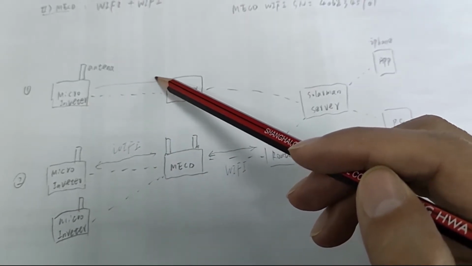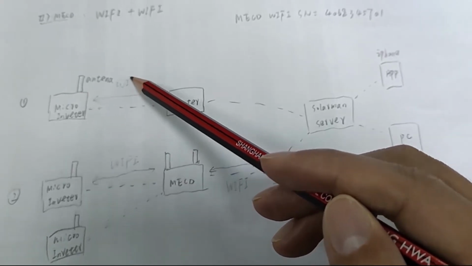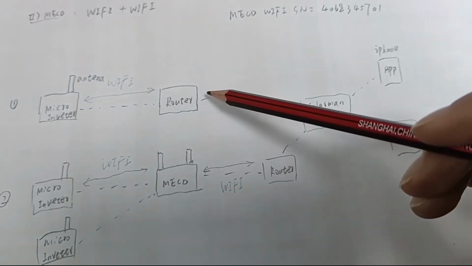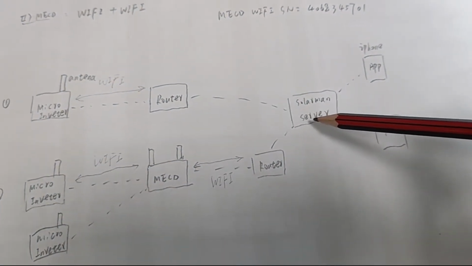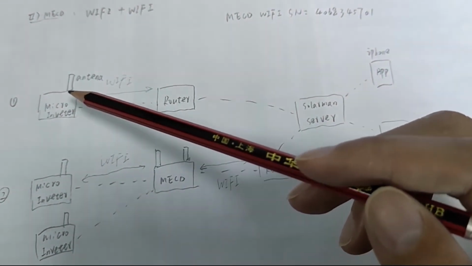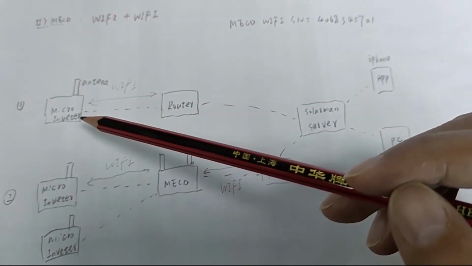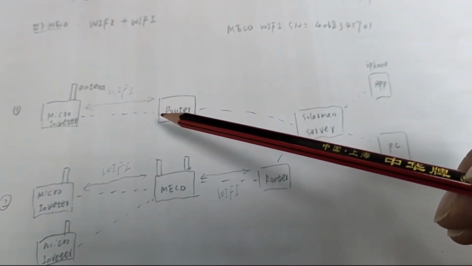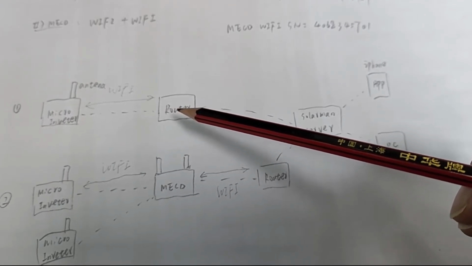They communicate with each other over Wi-Fi, and the router communicates with the Solomon platform, the Solomon server. But if you have more than 10 microinverters, you need to configure the microinverter network 10 times. So it's not easy. It's a complicated thing and costs a lot of time.